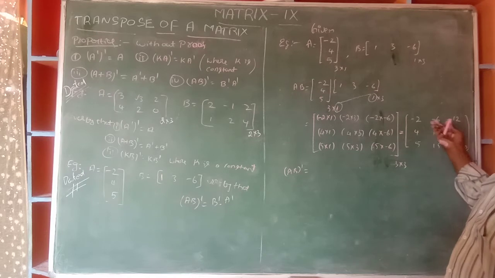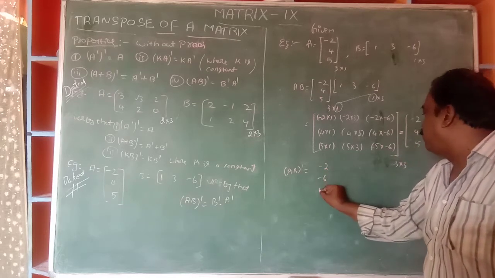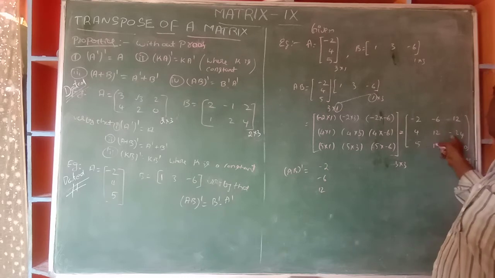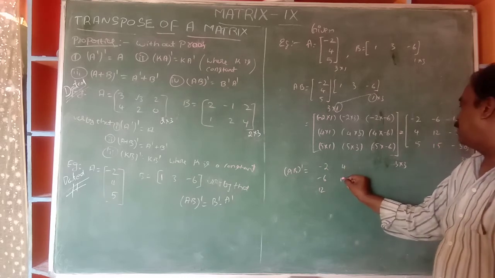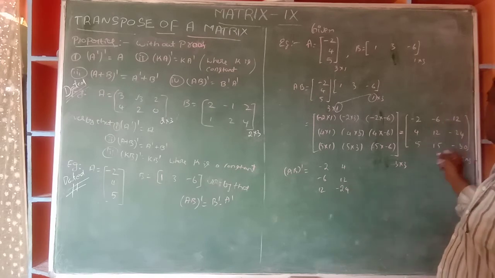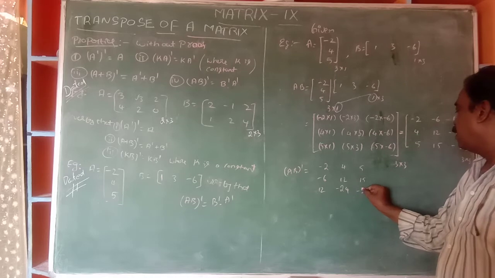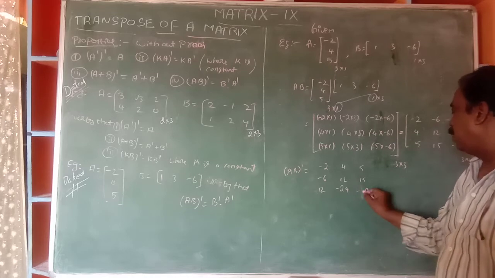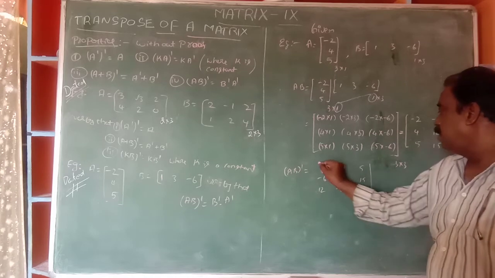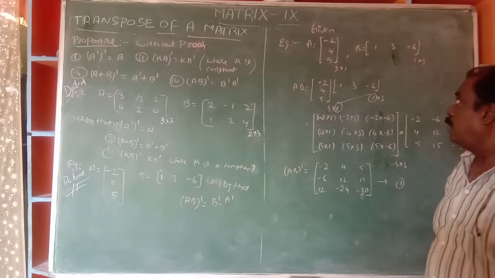Its transpose is the row can be written as column. The second row, it is second column. And the third row, it will become as a third column. So it is 1.